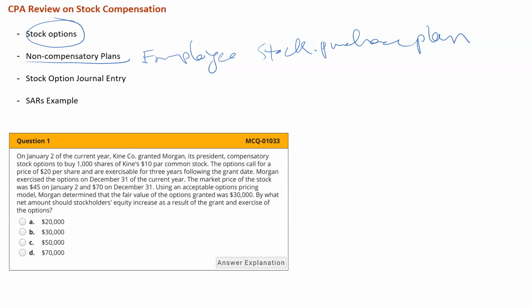Baker also explained on the first page that those types of stock plans are called non-compensatory plans, and you have to fulfill those requirements by GAAP, and you don't need to record those as compensation expense. Only if those 3 or 4 requirements are fulfilled, then you will not record it.